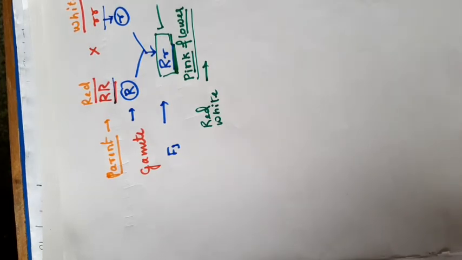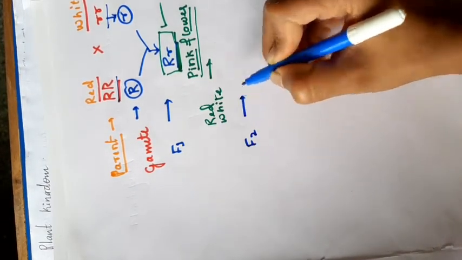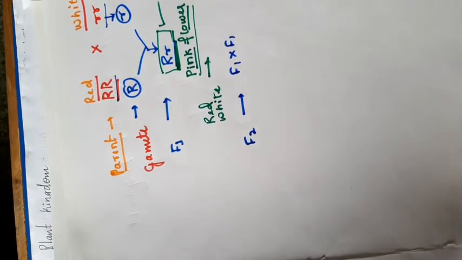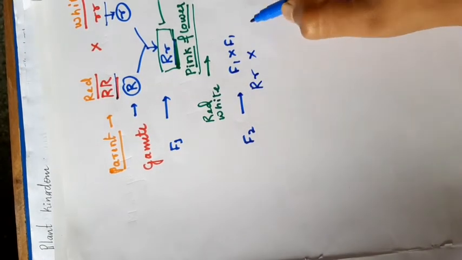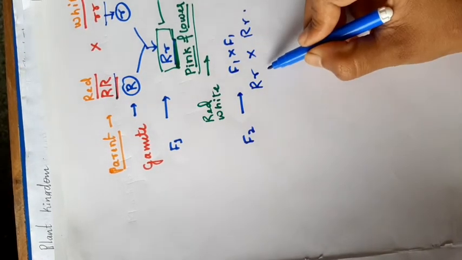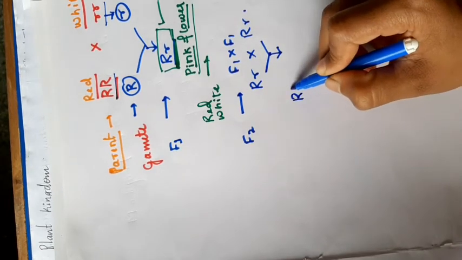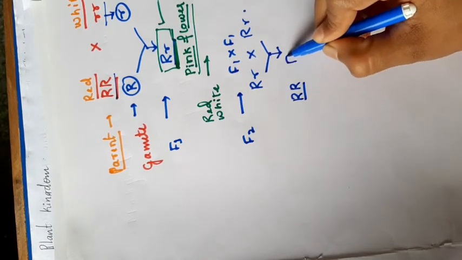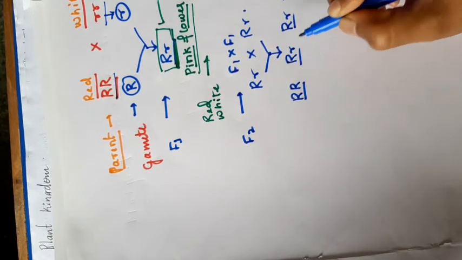Okay. Later he did the selfing of F1, that is F1 into F1, capital R small r into capital R small r. You get 4 offspring plants: capital R capital R, capital R small r, capital R small r, and small r small r. Okay.